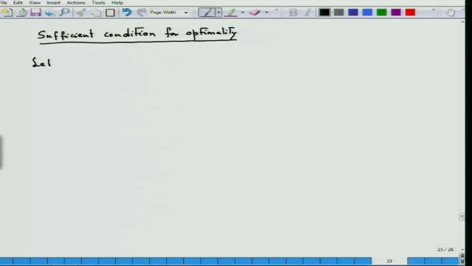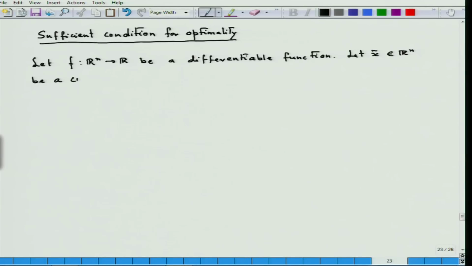So, let f from Rn to R be a differentiable function. Let x bar, an element of Rn, be a critical point, that is, gradient of f at x bar is equal to 0.